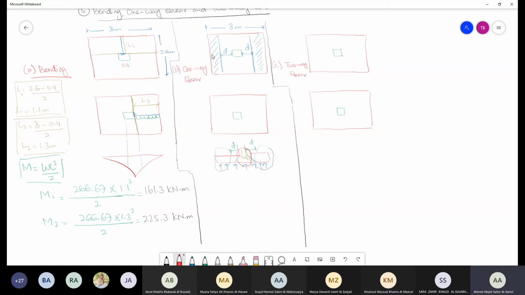Can we get the value of L1 here? How much is your L1 value?